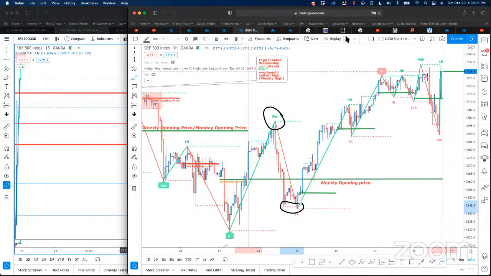We make a low below the opening price. So even if you get into this trade down here, after you saw this huge rejection on Monday, maybe you're just getting into this trade to trade back to the opening price. You trade back to the opening price and you see that it breaks above.